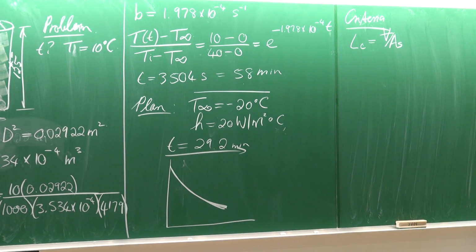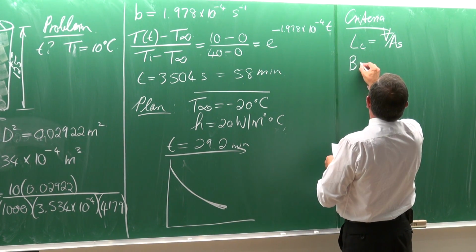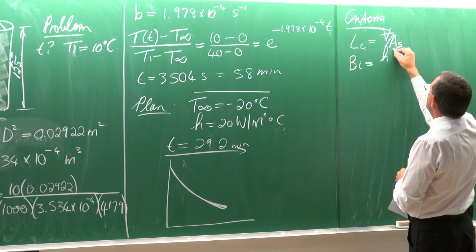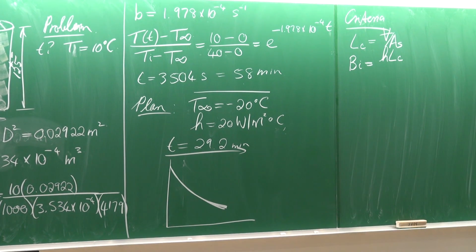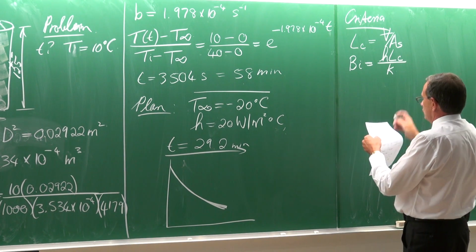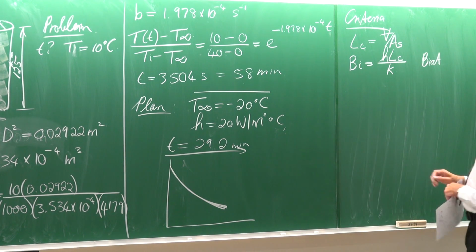The characteristic length. Okay. You're going to see just now why that is important. Now that is being used in a number which is called the Biot number. And the Biot number, by definition, is the heat transfer coefficient multiplied by the characteristic length divided by the thermal conductivity K. So that's a Biot number.